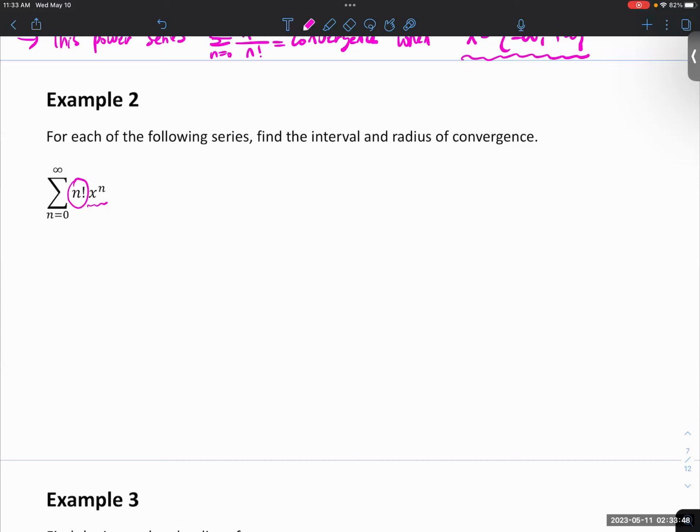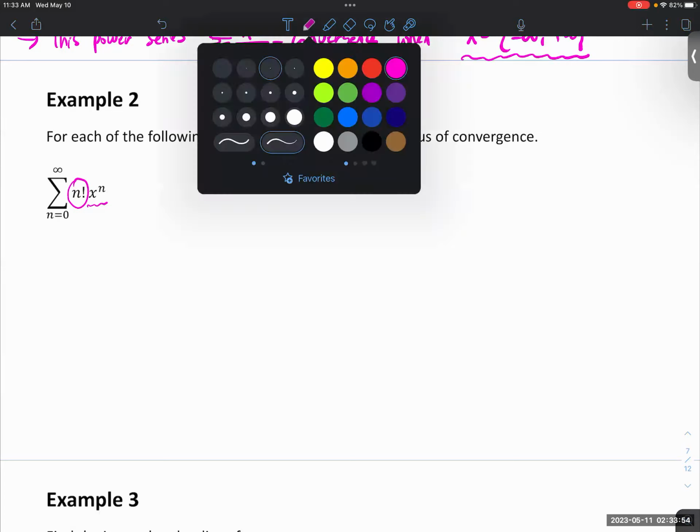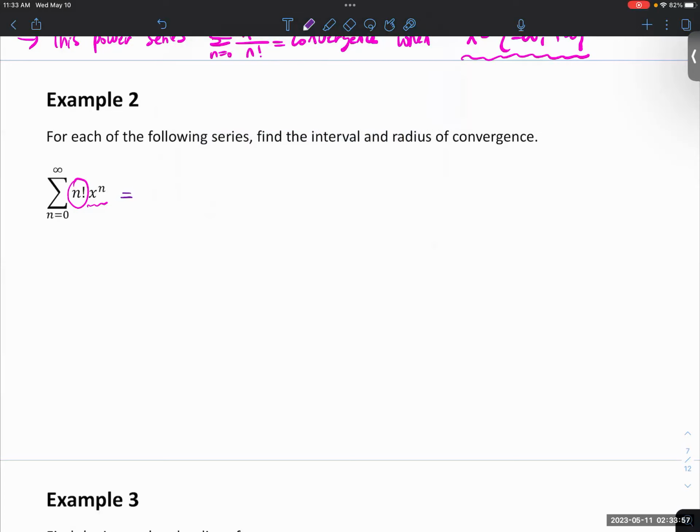And this is definitely a power series centered at x equal to 0. Don't you think so? I want to find the possible x's that make this power series converge.